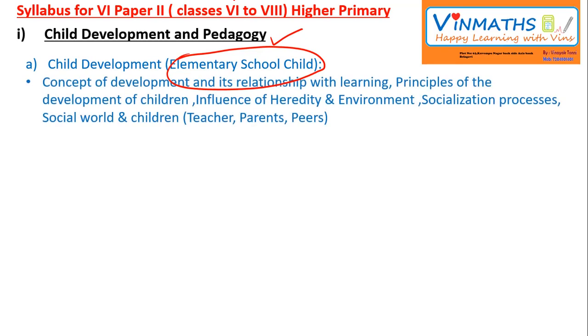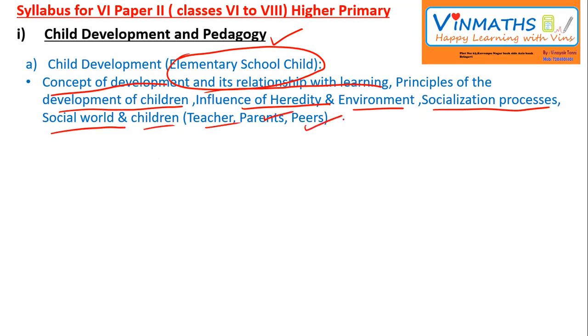In this section, you have to prepare for the concept of development, its relationship with learning, principles of development of our children, influence of heredity, environment, socialization process, social world and children, teacher, parent and peers.